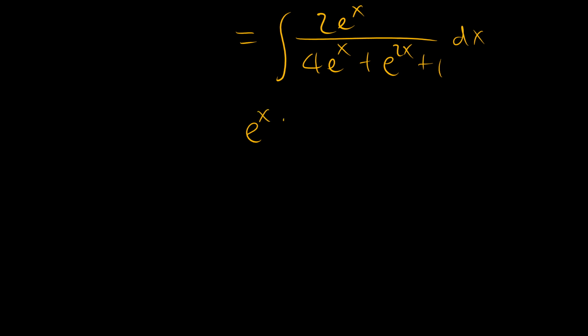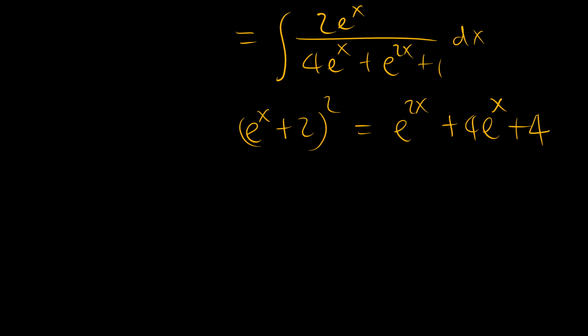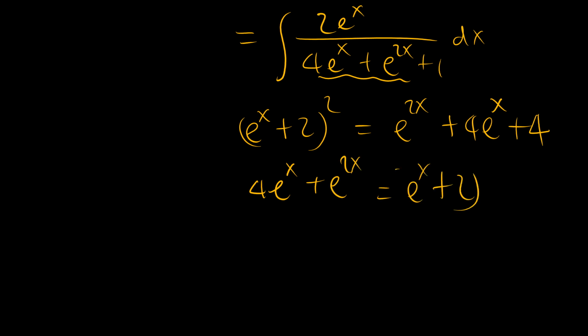e to the power x plus 2 squared is equal to e to the power 2x plus 4 e to the power x plus 1 plus 4, rather. And so in other words, 4 e to the power x plus e to the power 2x is the same as e to the power x plus 2 squared minus 4, right?